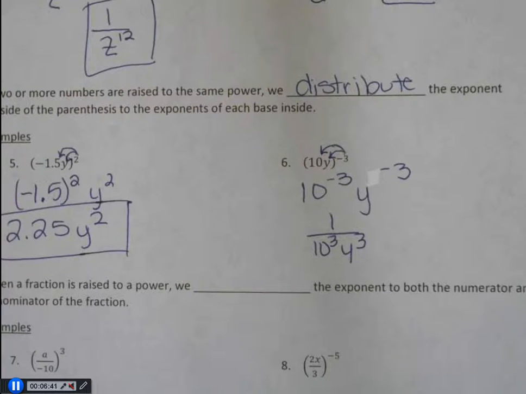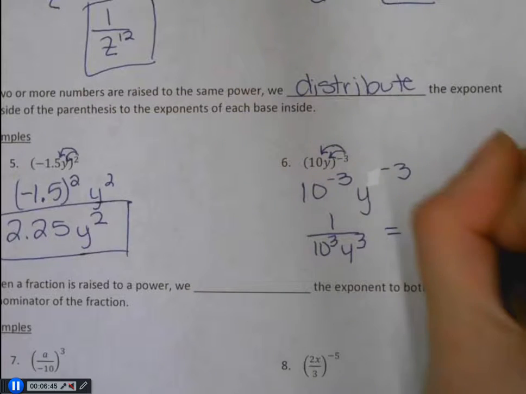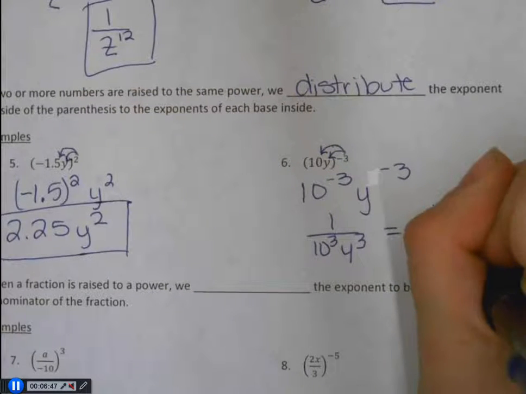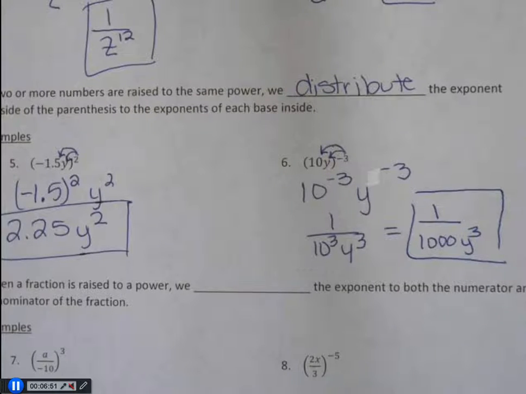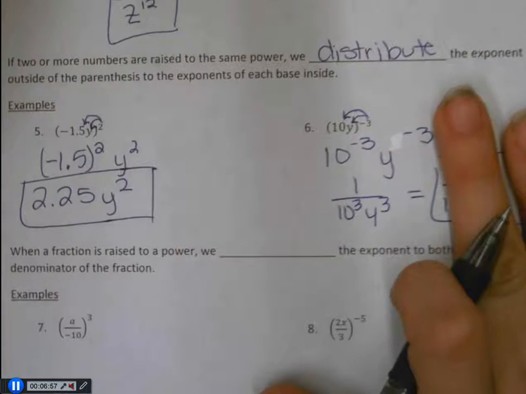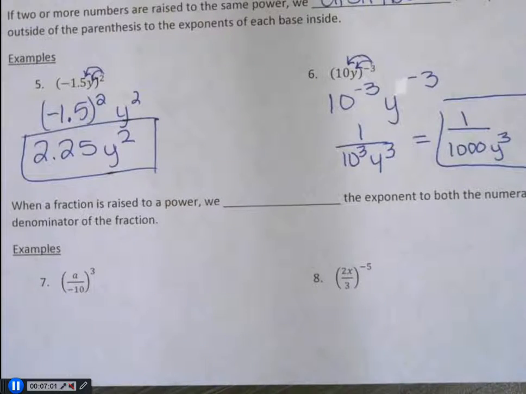Should it stay 10 cubed? What is 10 cubed then? 1,000. The 10 ones, you just add the number of zeros at the end. Okay.